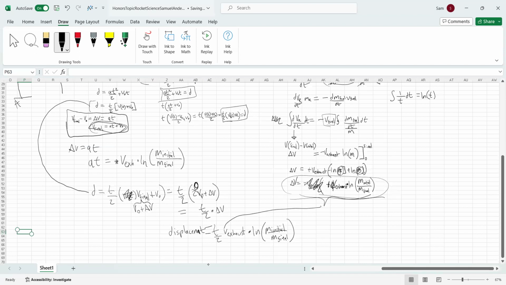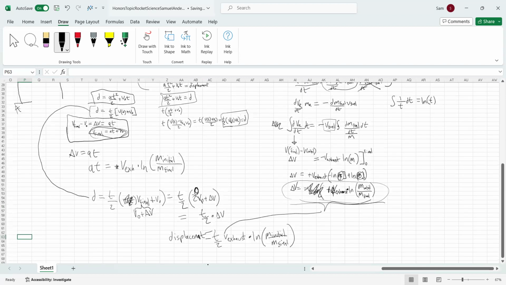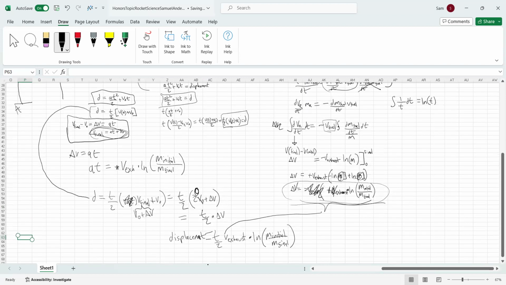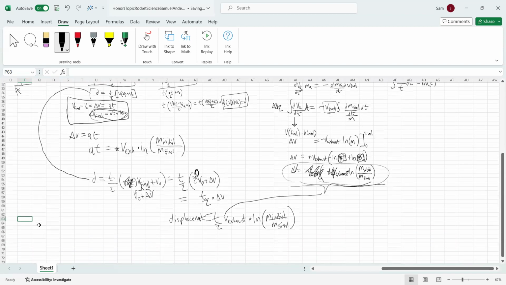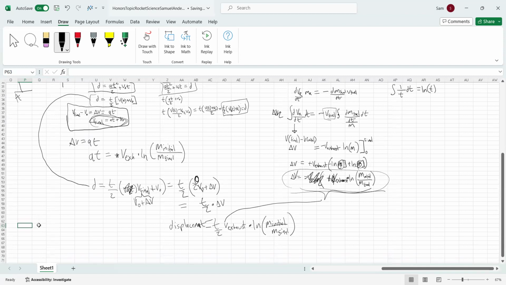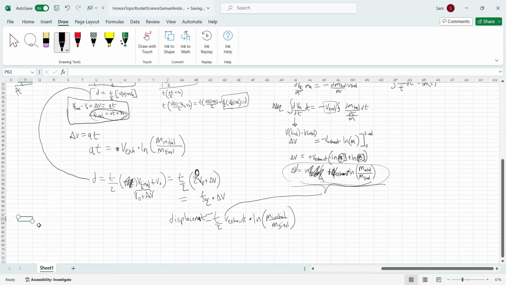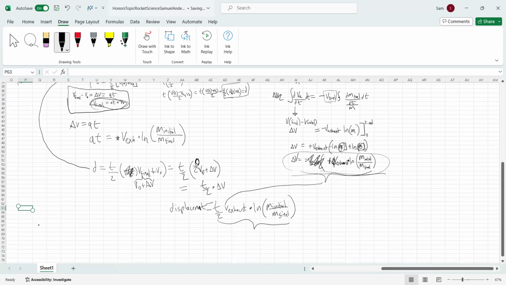D equals AT squared plus V naught T. Using this, there is one more formula. And we said that change in velocity is equal to AT. So we take this formula we just derived, and we can solve for acceleration using it.